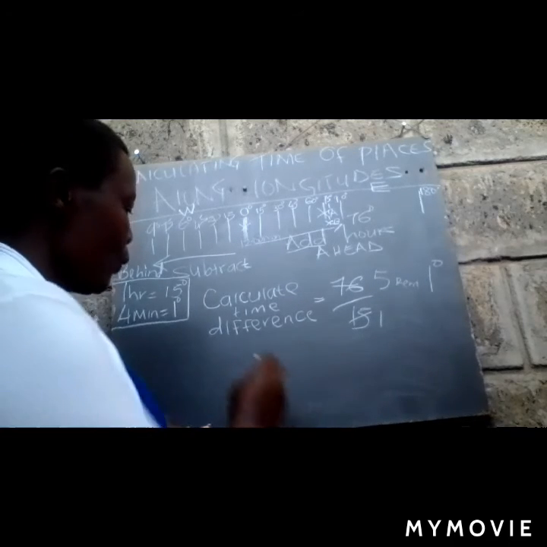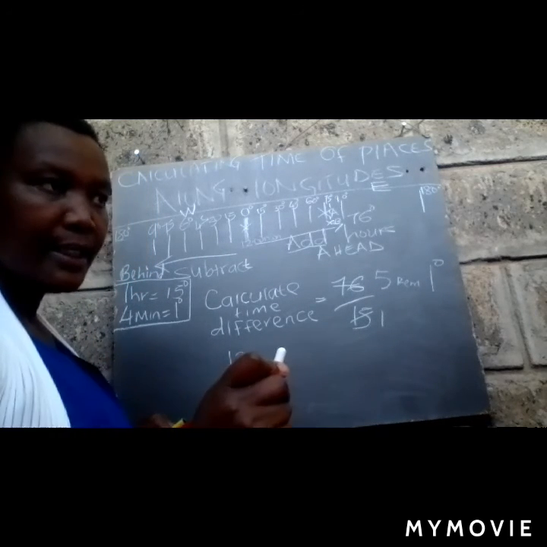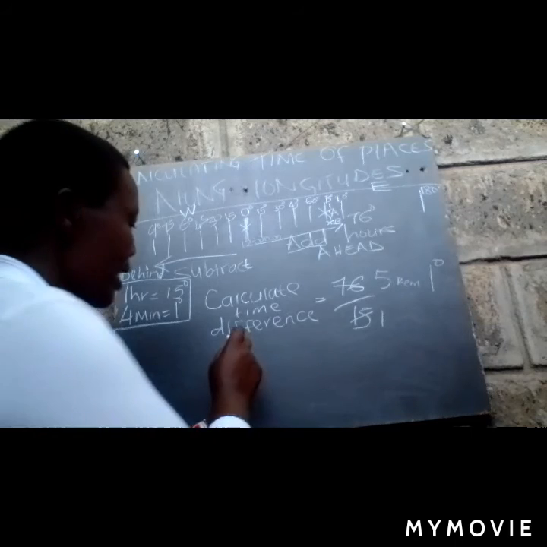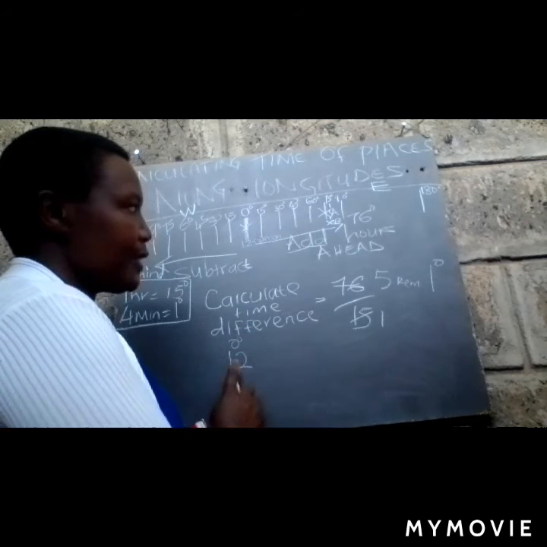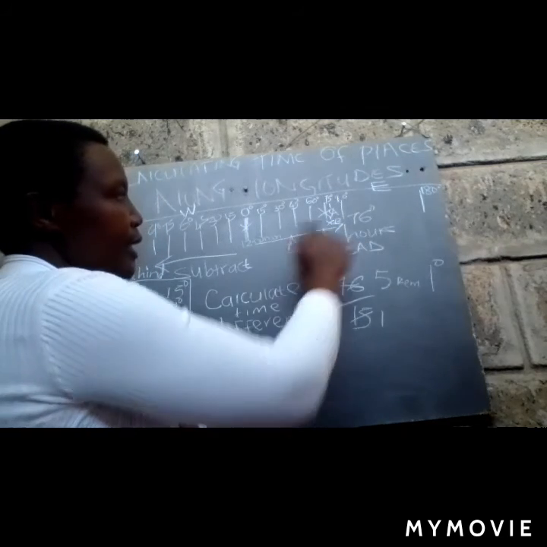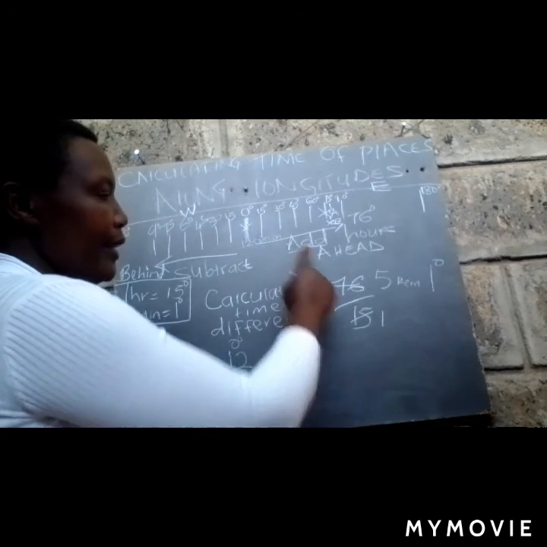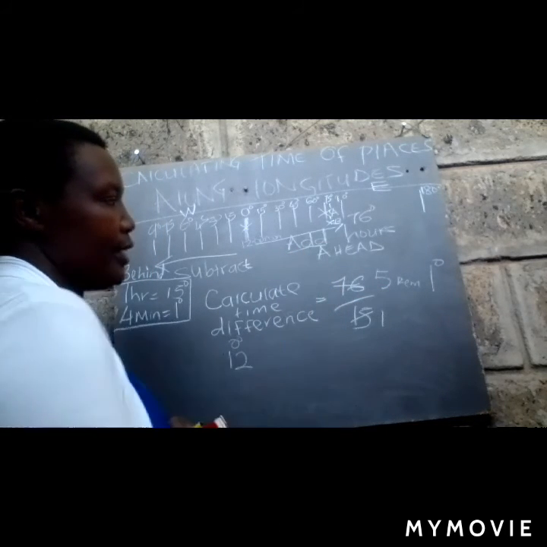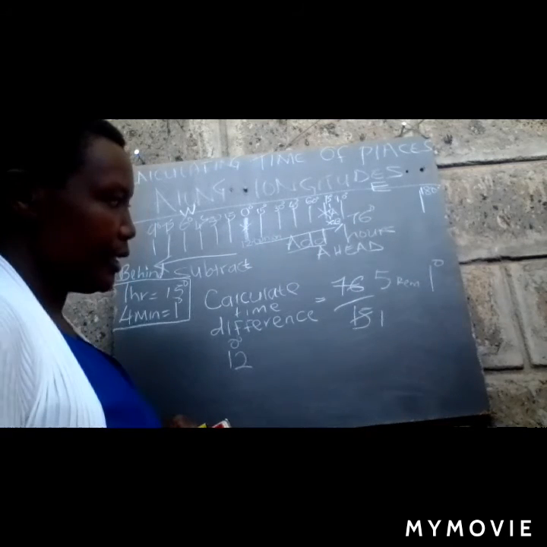Therefore, if at the prime meridian at 0 degrees it is 12, what will be the time at 76 degrees? We are adding the hours, the time difference, when it is ahead of the prime meridian.